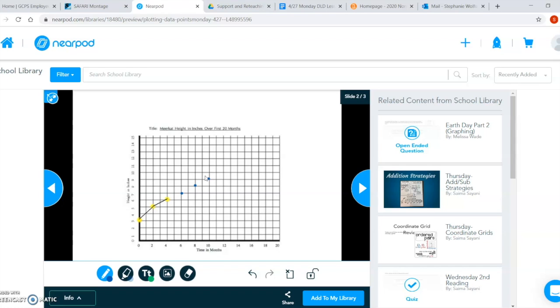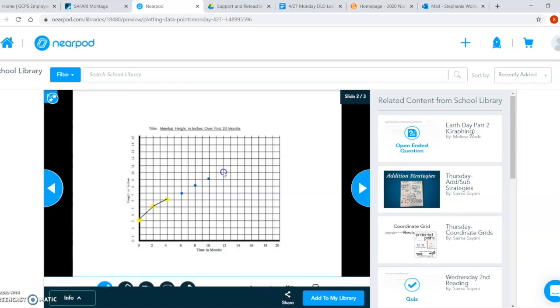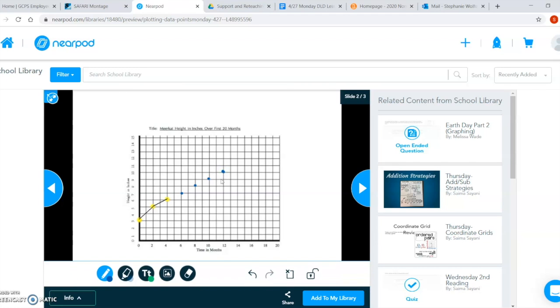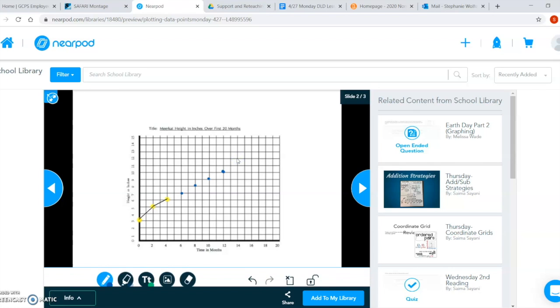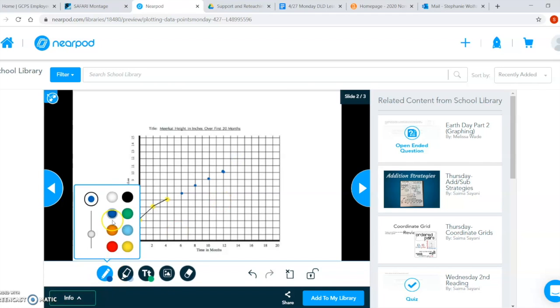My next ordered pair is 12 and 10. So at 12 months old, the meerkat is 10 inches in height. Okay, my next ordered pair is 14, 12.